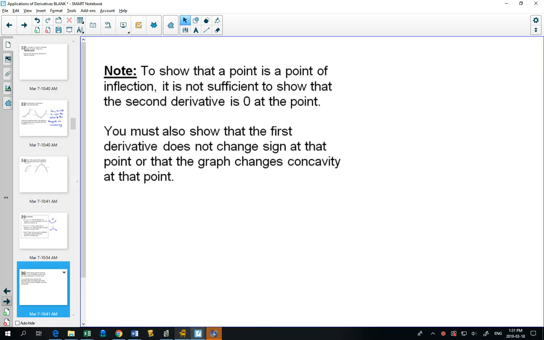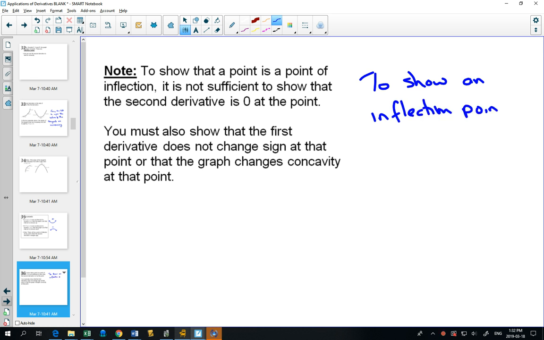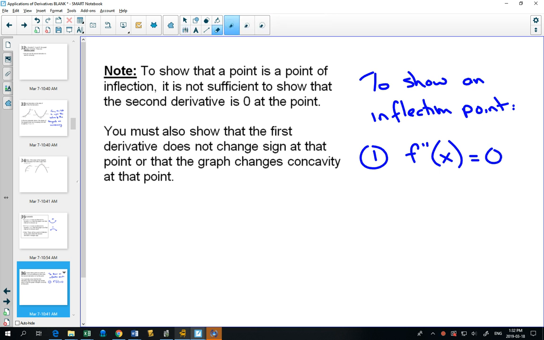So, to show that we have a point of inflection, we need to show two things. We have to show, number one, you have to show that it's equal to 0. Maybe I'll choose a different letter than x. Let's pick the point C. At point C, it's equal to 0.